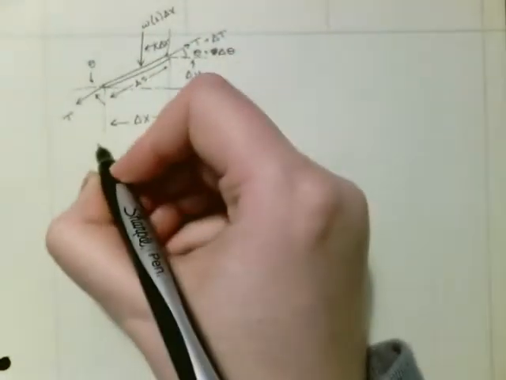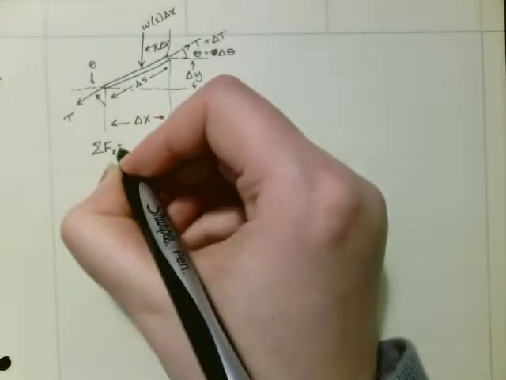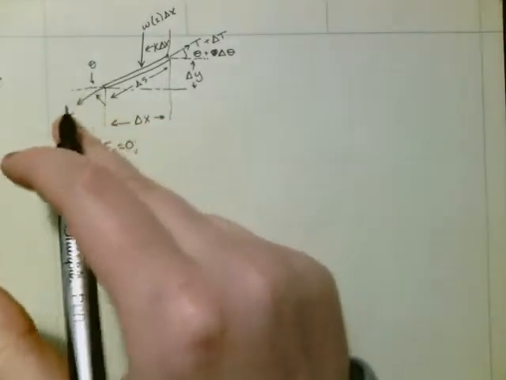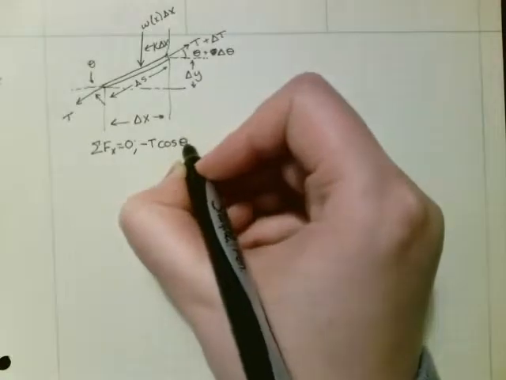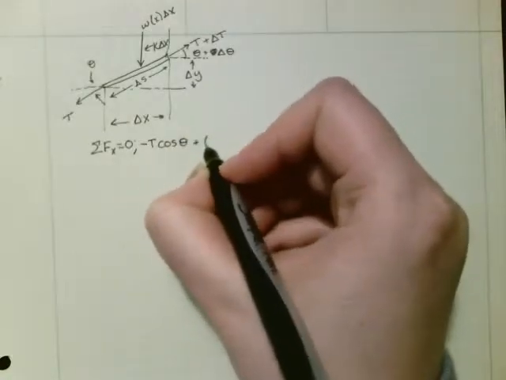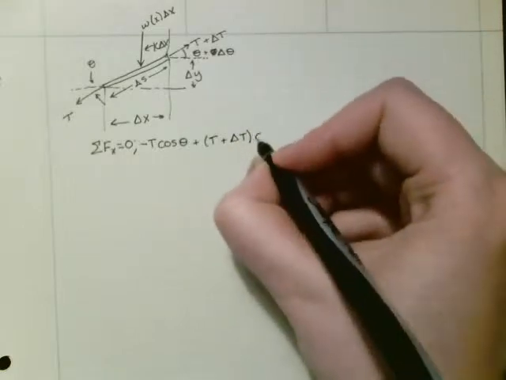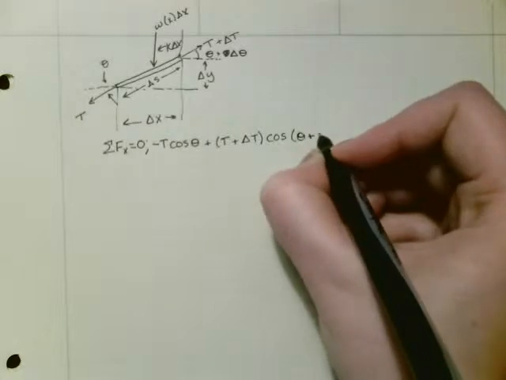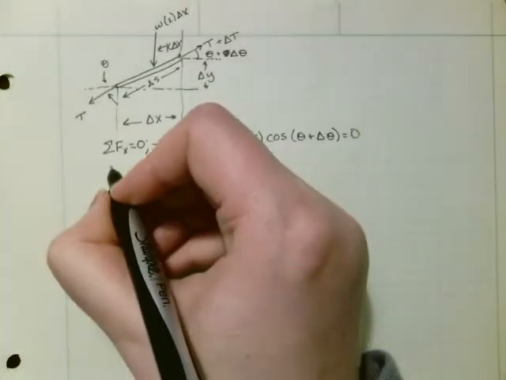Alright, so if we sum the forces in the X direction, we would get negative T cosine theta plus T plus delta T times the cosine of theta plus delta theta. That'll be equal to 0.